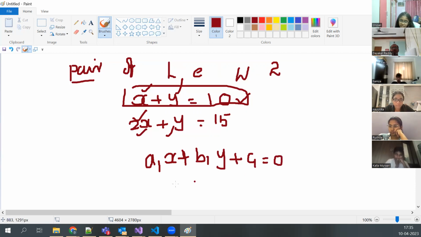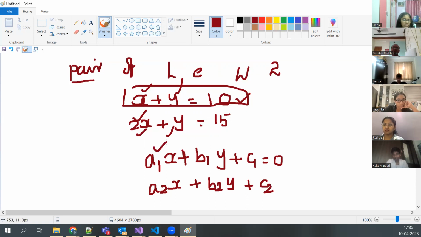Similarly, I can assume another linear equation with two variables, a2x plus b2y plus c2 equal to 0. Is that clear? a1 is the coefficient of x, b1 is the coefficient of y, a2 is the coefficient of x in the second equation, b2 is the coefficient of y in the second equation. What about c1 and c2? c1, c2 are constants.